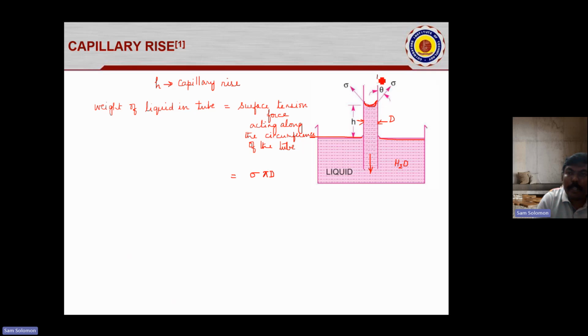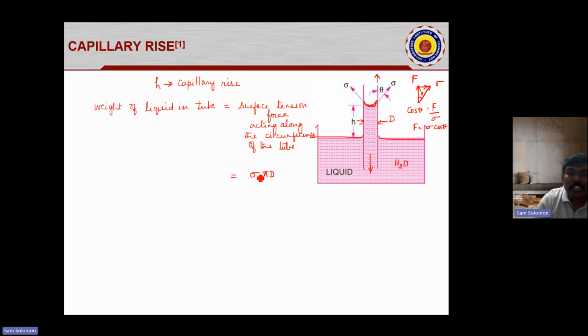The vertical component of this particular force with reference to sigma: I need to find the value of this force over here. I have sigma acting like this, and this would be my horizontal component in this direction. The vertical component F by sigma is going to be, or F is equal to sigma cos theta.